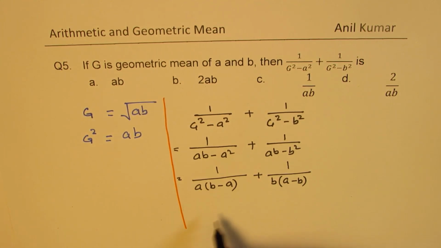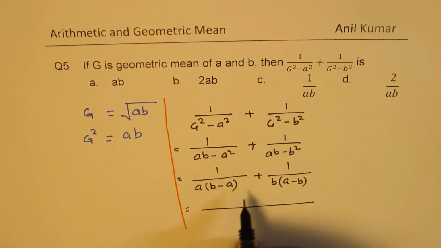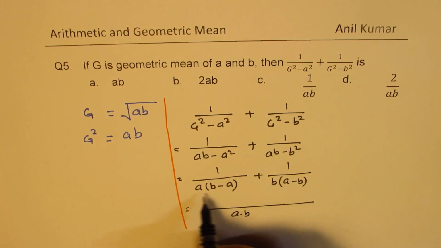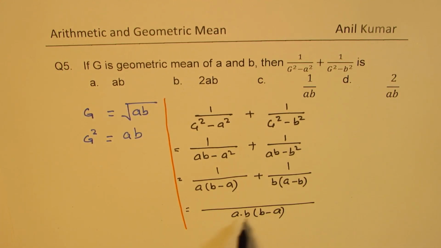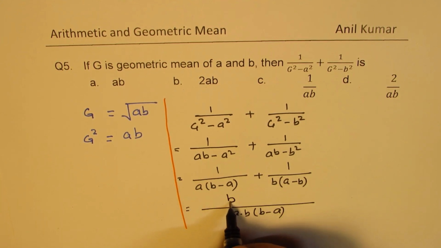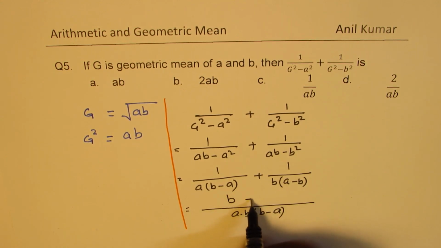Now taking the common denominator as ab times (b minus a), we have to multiply this by b, right? So we get b here. Now in this case, we have taken b minus a, here we have a minus b, so that means we get minus a here on top, correct?